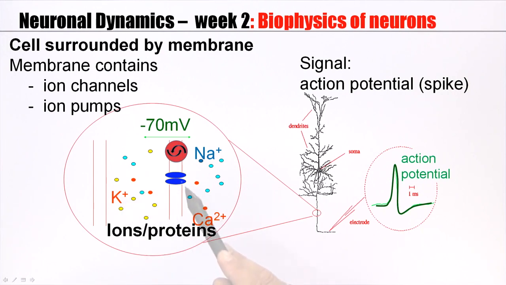Ion channels are very specific proteins embedded in the cell membrane, and these proteins can change their shape and thereby open or close a gate, a pore. And if the gate is open, ions can flow inside and outside the cell.